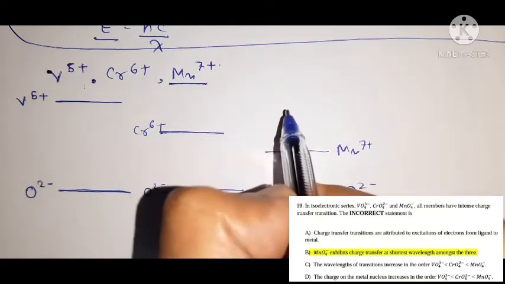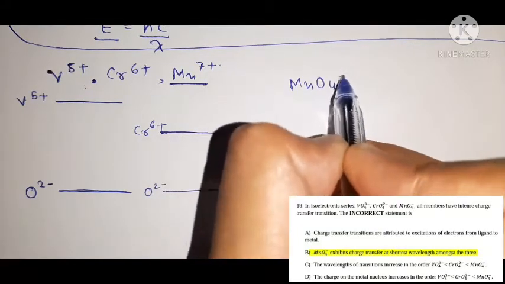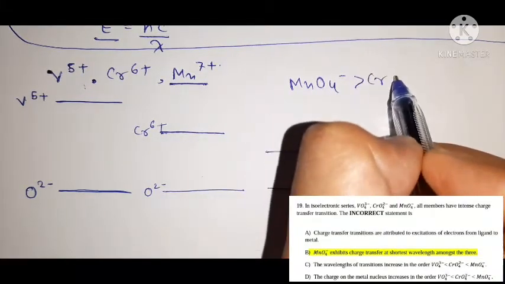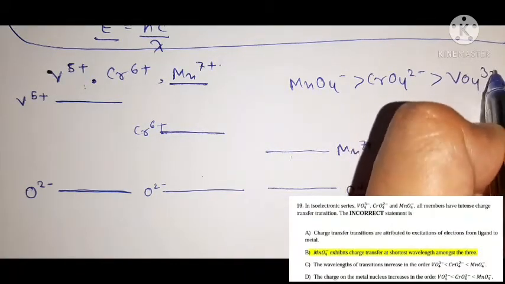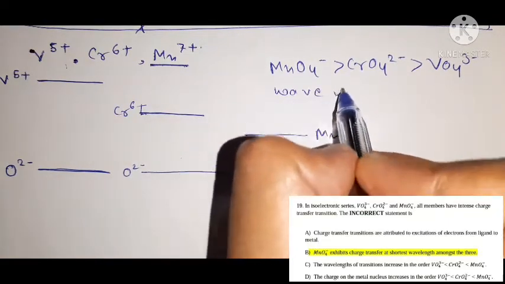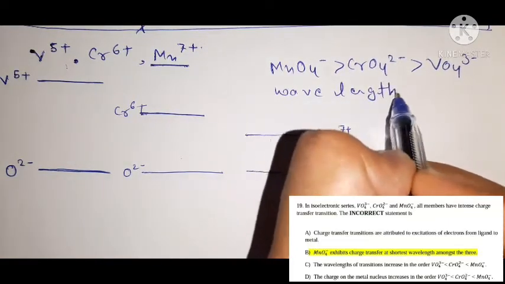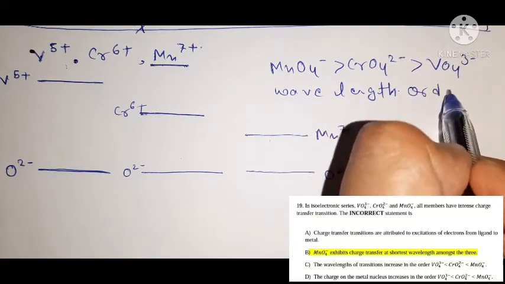The highest wavelength is for MnO4 minus, then CrO4 2 minus, and then VO4 3 minus. So this is the wavelength order for these charge transfer transitions.